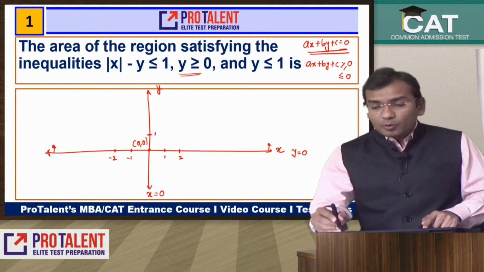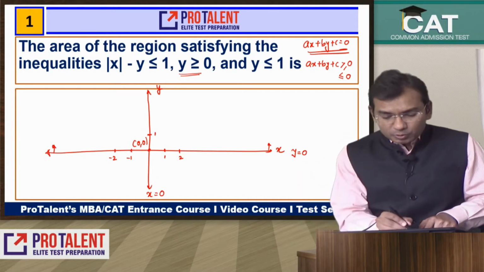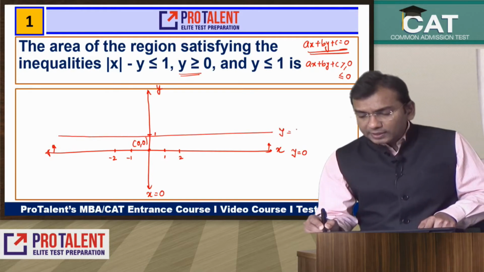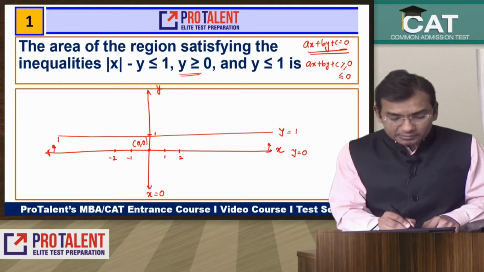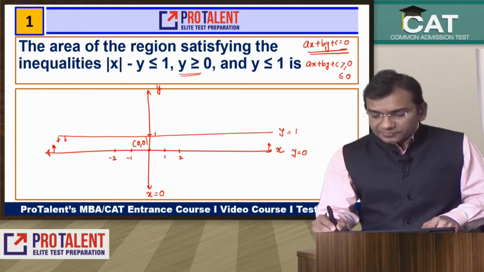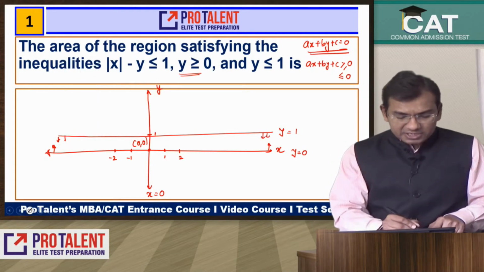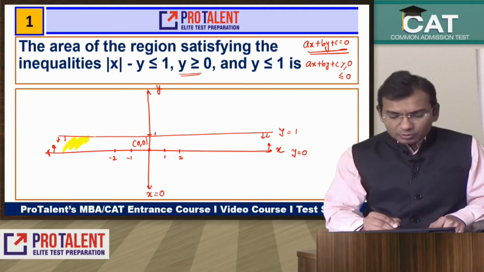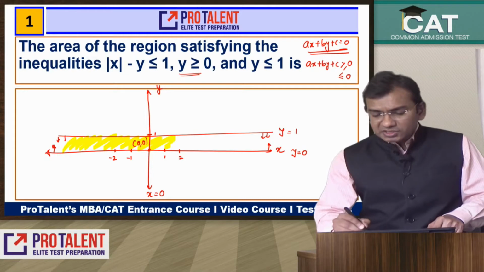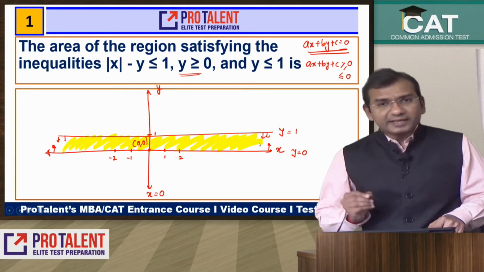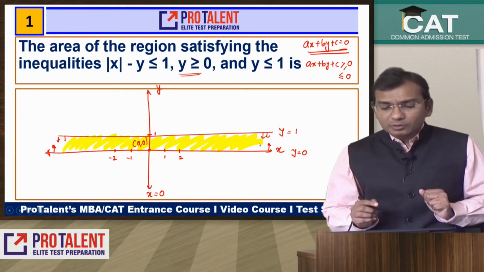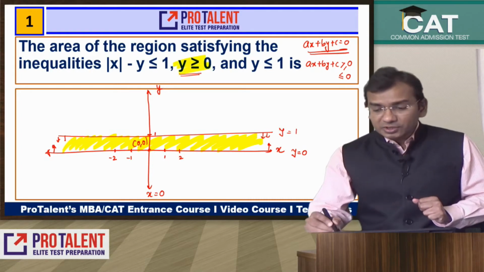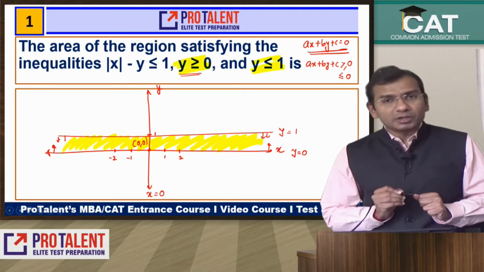When we say y is less than or equal to 1, this line is the y equals 1 line and it is less, which means the area below it. Yes or no? So which area is enclosed between these two? The area enclosed between these two is this region, enclosed by y greater than or equal to 0 and y less than or equal to 1.